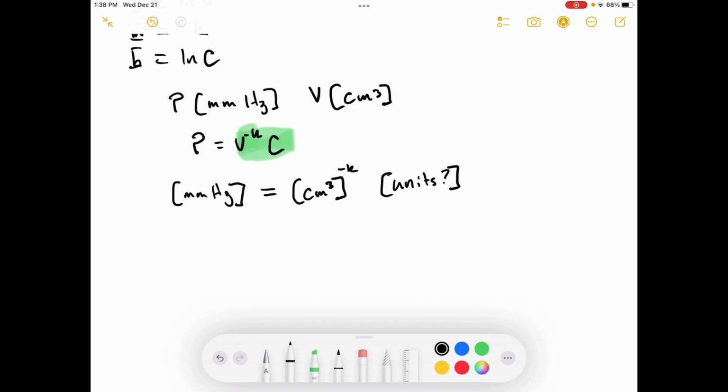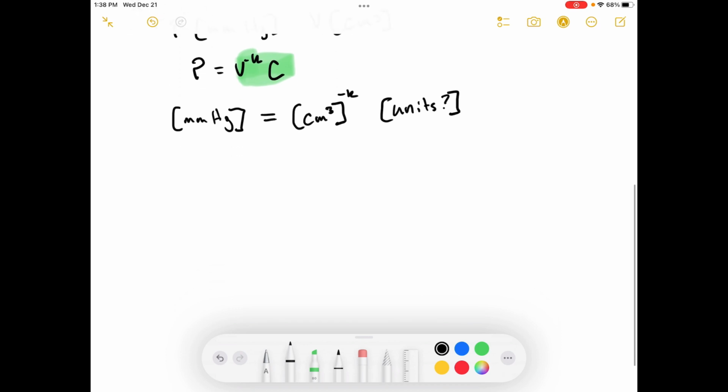We can calculate the units of C just by solving for it algebraically, as you see in this equation that we've set up. So the units of C equal millimeters of mercury over centimeters to the negative 3K power.